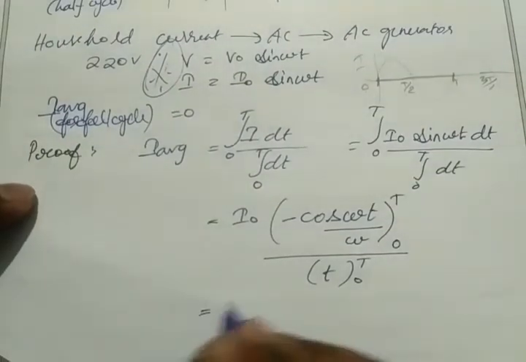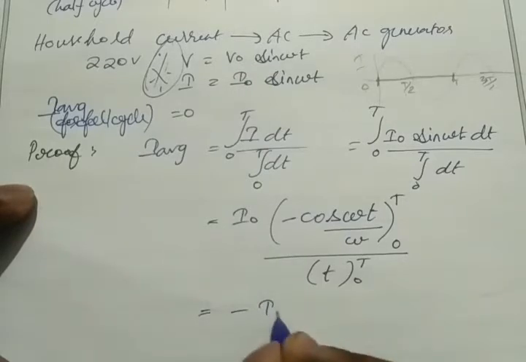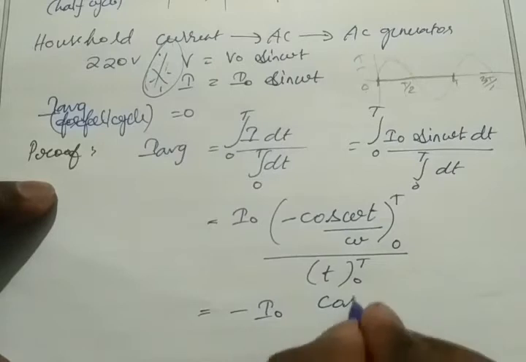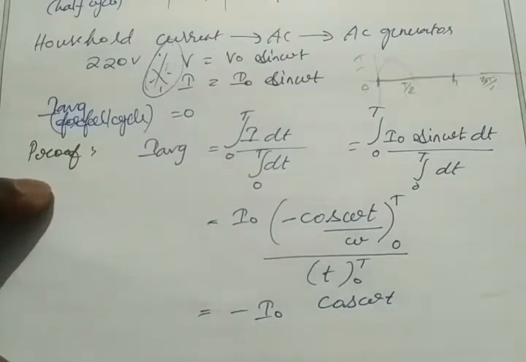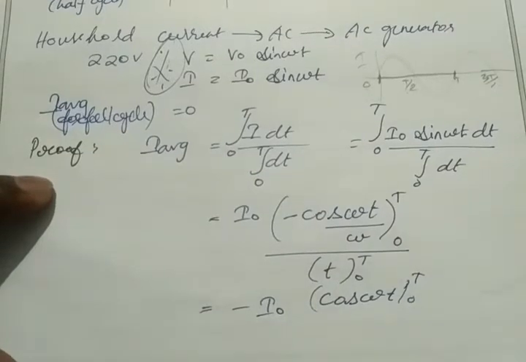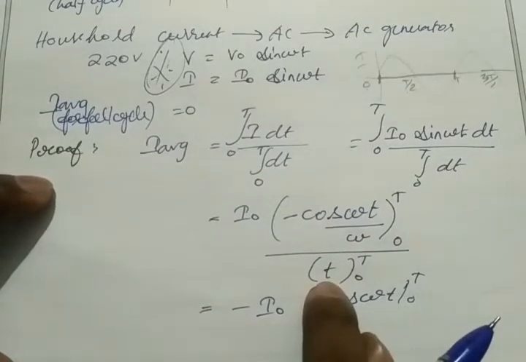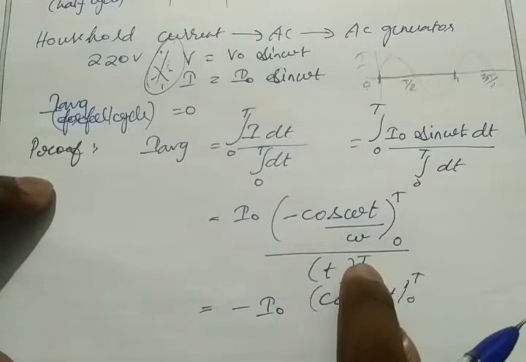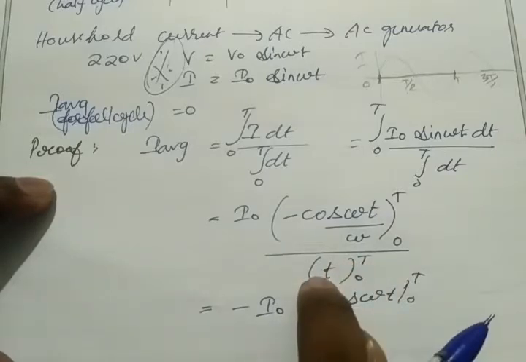So take the minus also outside, minus I naught, I have cos omega t, limit from 0 to t. So here substitute the limit. For t substitute the upper limit, then for t substitute the lower limit. So we have upper limit t minus 0.